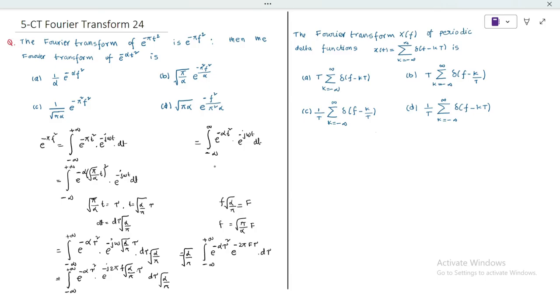See, this value we should know. So this is the same. So this is equal to, so send to the left side.